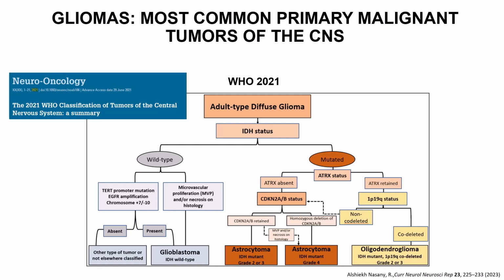The status of these key genes allows the division of gliomas into distinct subtypes that are represented in the chart reported in this slide.